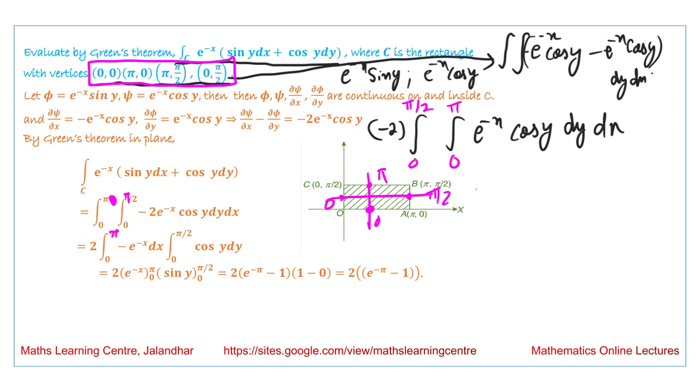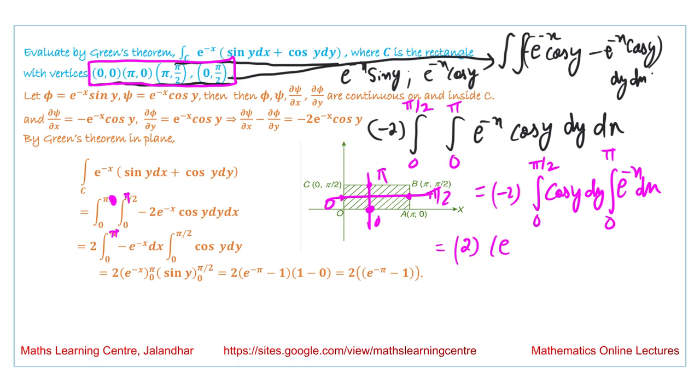Now on evaluating these values, the answer we obtain is minus 2 integration 0 to pi by 2 cos y dy, integration 0 to pi e raised to the power minus x dx. So this is equal to 2 into e raised to the power minus x, limit 0 to pi, then sin y, limit 0 to pi by 2.